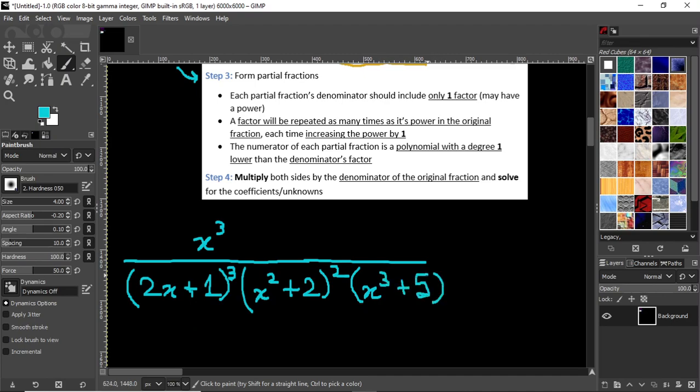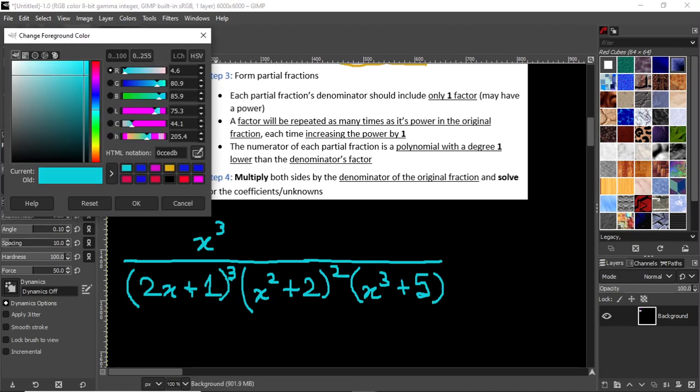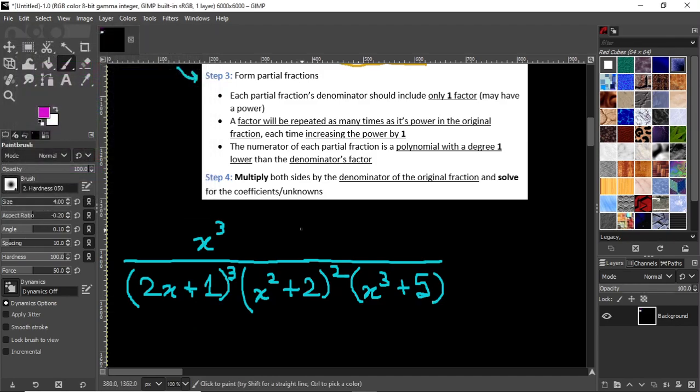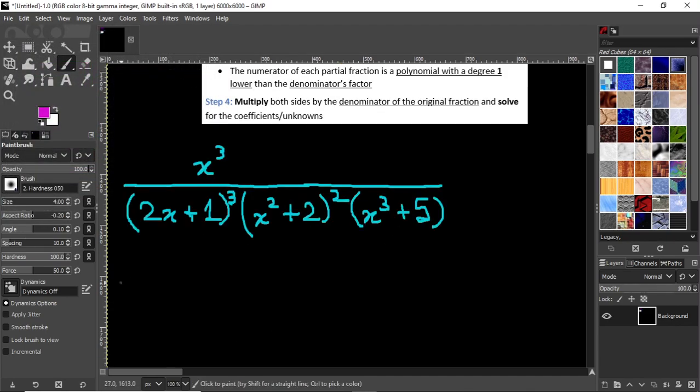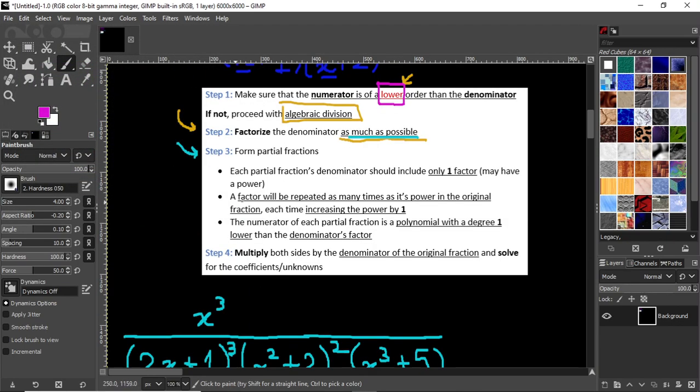Right. So this is just for example. If you try to actually break this down, it's going to be pretty complicated. But this is just for illustrating this third step.